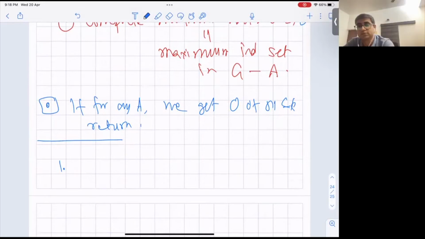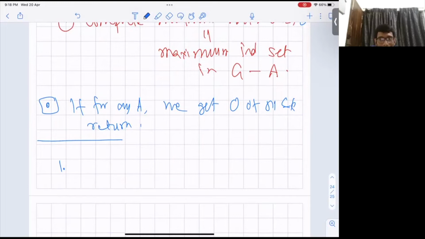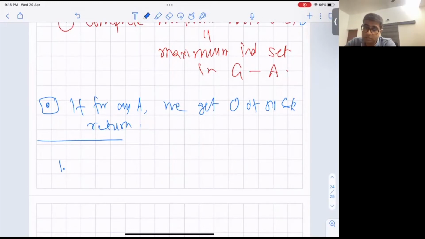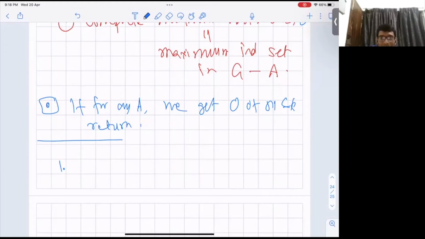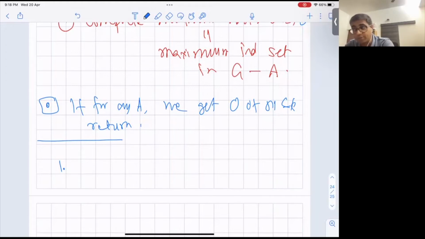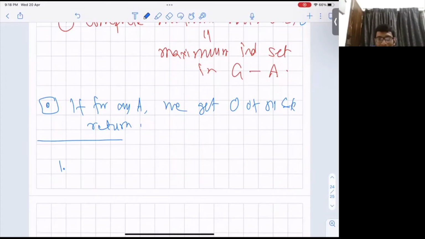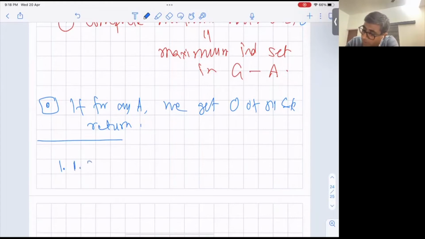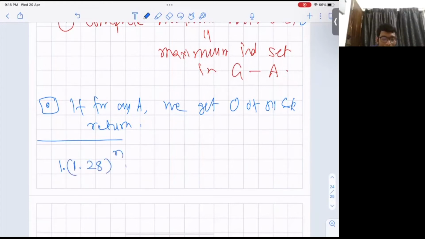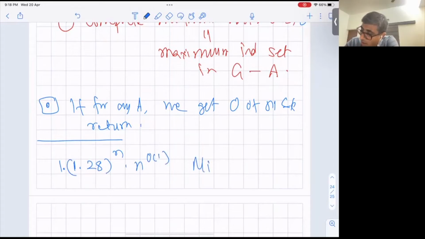Do you realize an algorithm that can do minimum vertex cover also can compute maximum independent set? Yes or no? Yes. Right? So what is the best? 1.32. That was with respect to K, solution size. And I asked, what will happen if you replace? There's some 1.27 or 28 something. Exactly. So actually we made these kind of algorithms for minimum vertex cover.